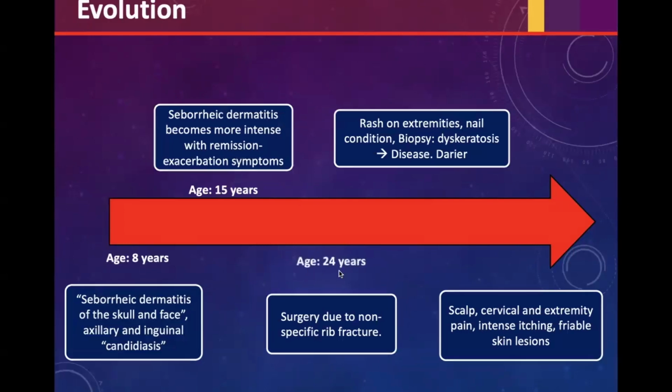At 24 years old, the patient had a surgery due to a non-specific rib fracture. At 32 years old, rash on extremities, nail dystrophy, and a biopsy result of dyskeratosis, barrier disease. At 35 years, scalp, cervical, and extremity pain, intense itching, and friable skin lesions.